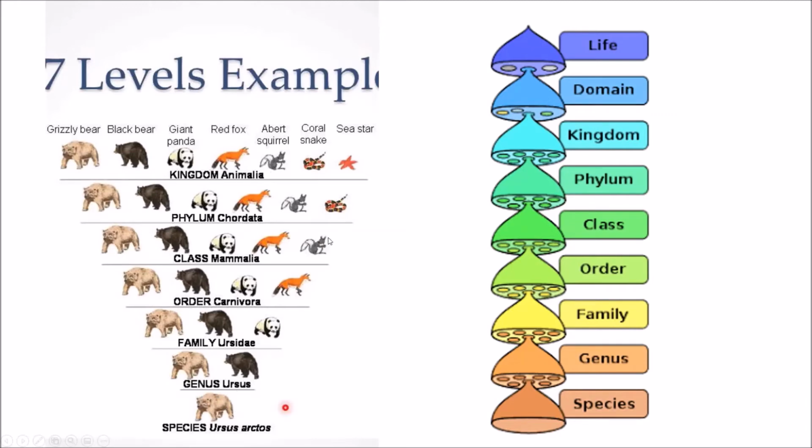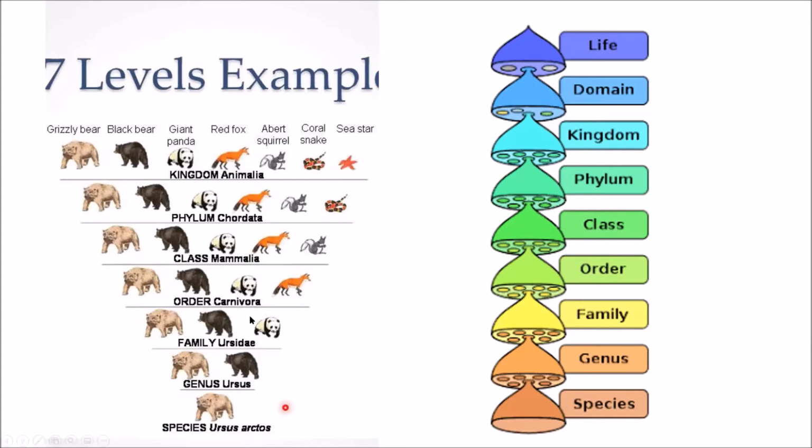Okay, so when we move down to the mammals, the snake is no longer there. Okay, because the snake is a reptile. It's not a part of the mammal class. When you move down again to carnivora, meaning a carnivore or an animal that eats meat, the squirrel is no longer here because squirrels are herbivores. Okay, they eat plants and anything that comes from a plant, such as fruits or nuts.